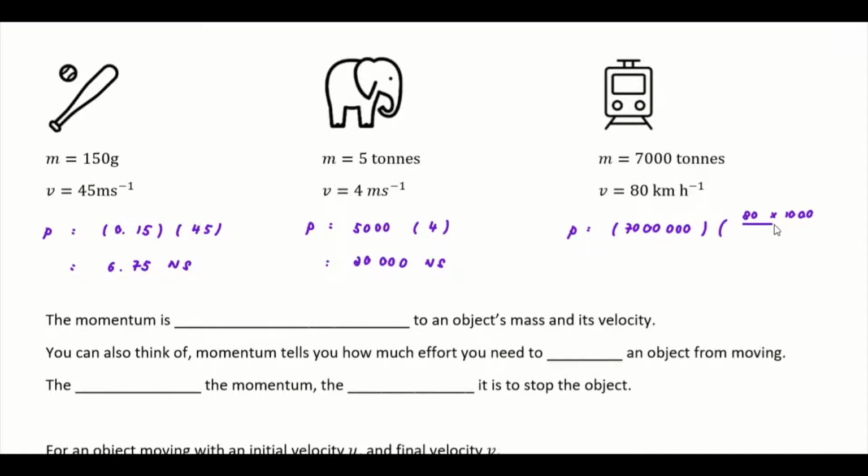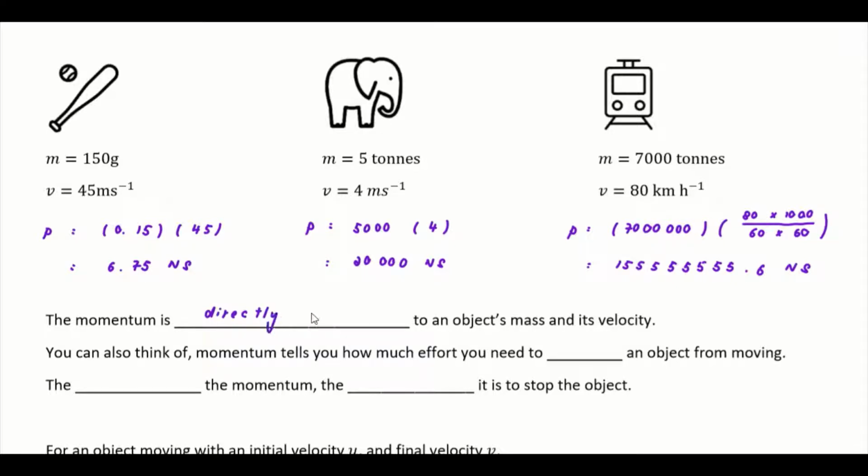Then from hour to second, it will be 60 times 60, right? 60 minutes, and each minute you have 60 seconds. So when you change it, we'll be able to get 1,555,585.78 Newton second.